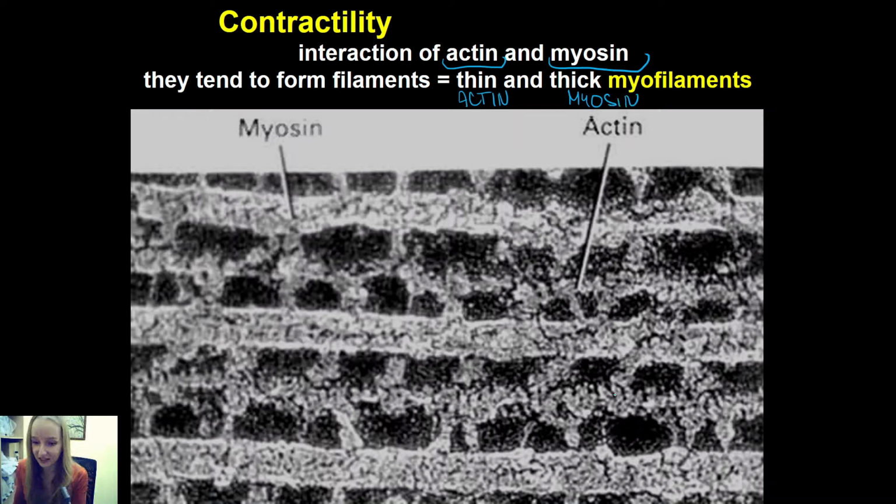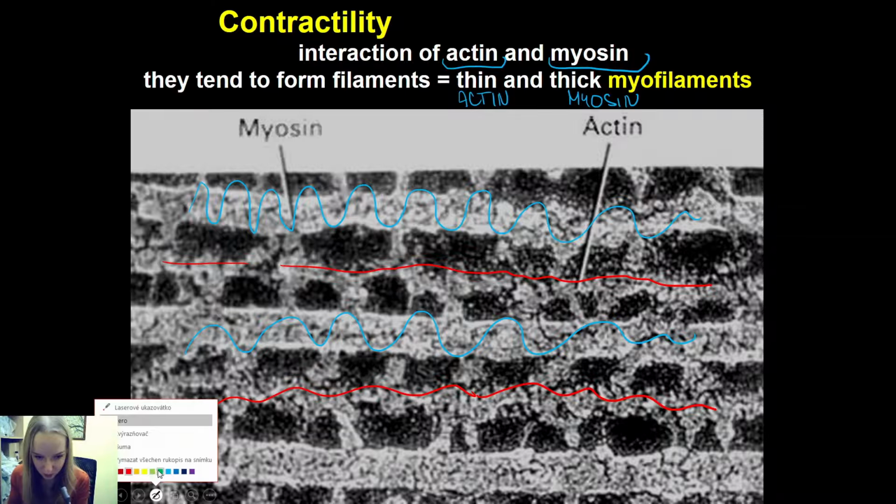And we can see it here on this picture. It's not a very nice picture, but whatever. This is the thick myofilament over here because it's thick, and once again a thick myofilament over here, and we can see actin myofilaments which are thinner. They are about 8 nanometers thin. These are 15, these are 8 nanometers thick, and we can see there are some kind of connections between them.